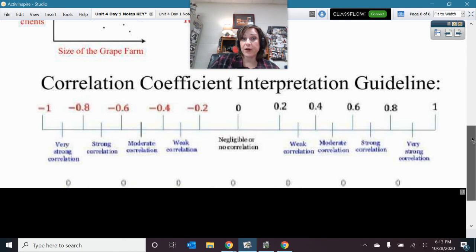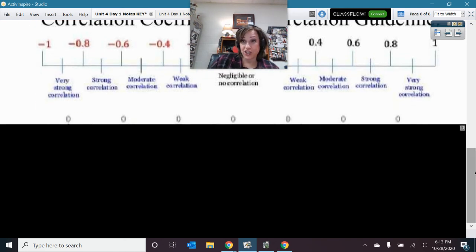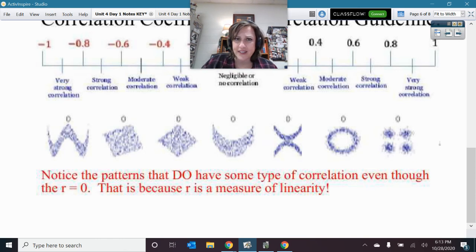And then my very most favorite final thing to show you related to this. Look at this. Very interesting. Look at all of these graphs. They all have a correlation coefficient of 0. Well, why? Because look, there is definitely some kind of relationship happening here.